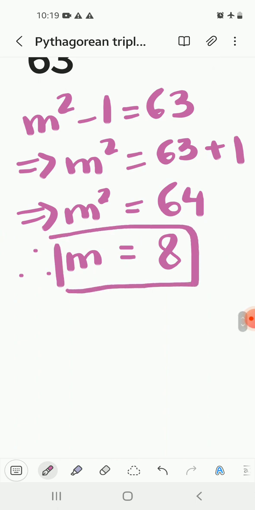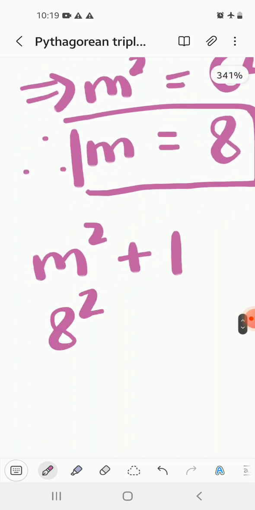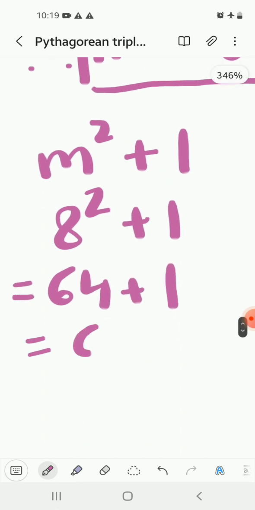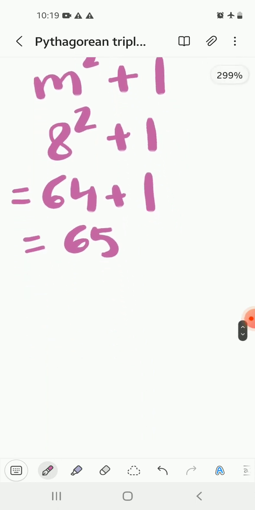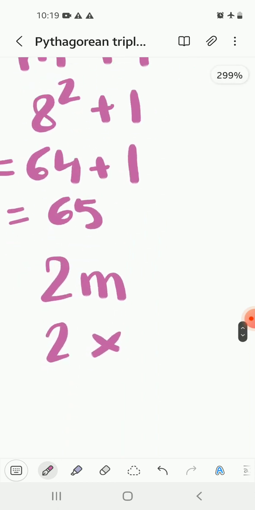Now substitute the value of m in the next formula, that is m square plus 1. Over here m is 8, so 8 square plus 1. So 8 square is 64, so plus 1 becomes 65. Again substitute the value of m in the formula 2m. So 2 into 8 becomes 16.